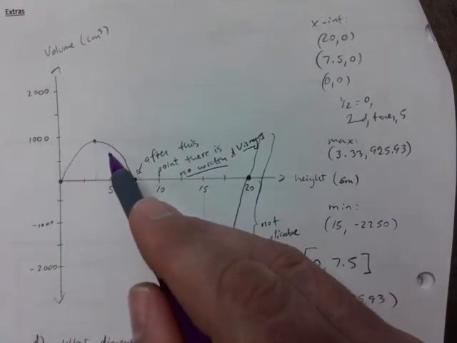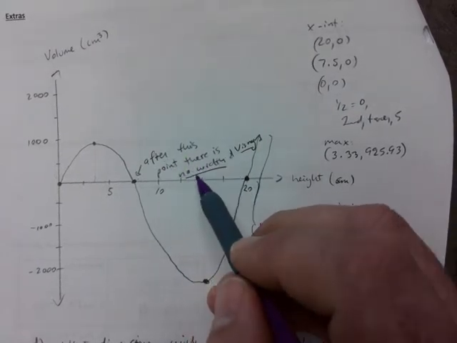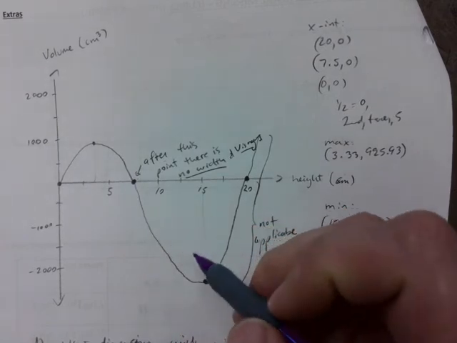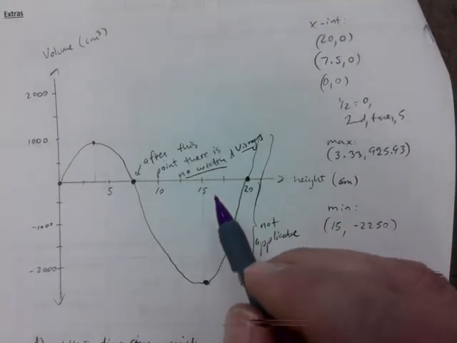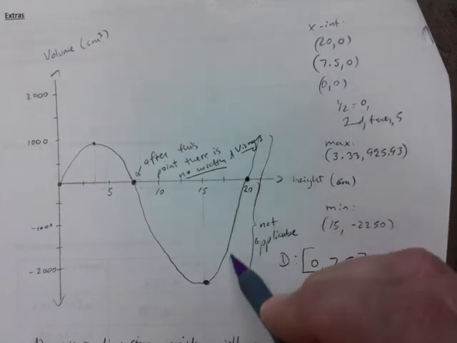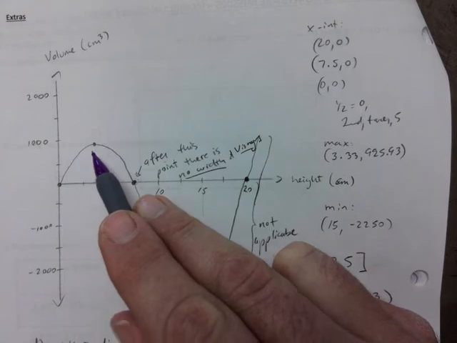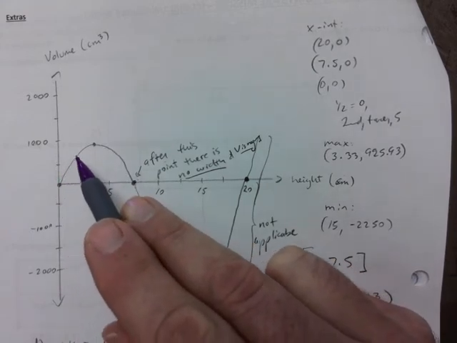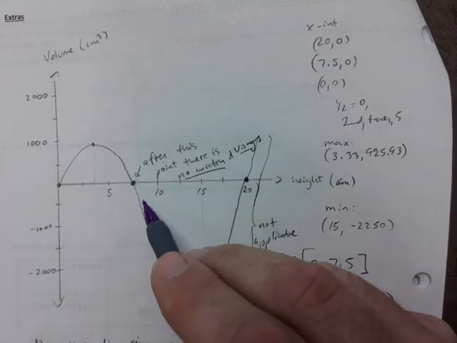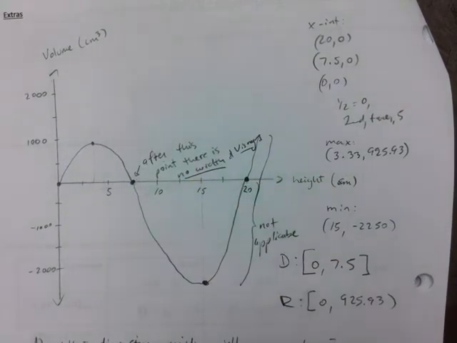And so you have your max and your min, there you go. But after this point here, there's no width. This is 7.5. And so we kind of ignore this part right here. It would just be this little part, which kind of looks like a parabola, but a cubic function models it best, okay? Because it does have a little bit of a different characteristic.